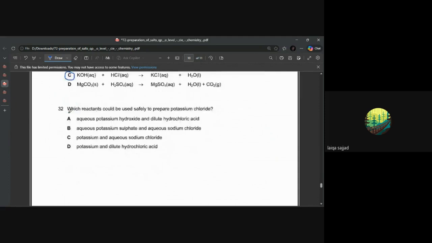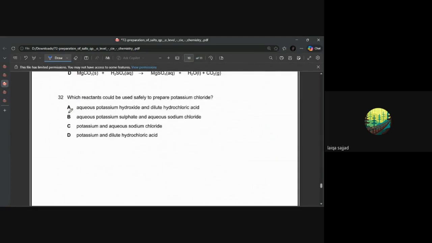Okay, then we are given which reactants could be used safely to prepare potassium chloride. Aqueous potassium hydroxide and dilute hydrochloric acid, aqueous potassium sulfate and aqueous sodium chloride, potassium and aqueous sodium chloride, or potassium and dilute hydrochloric acid. Safely prepare potassium chloride.